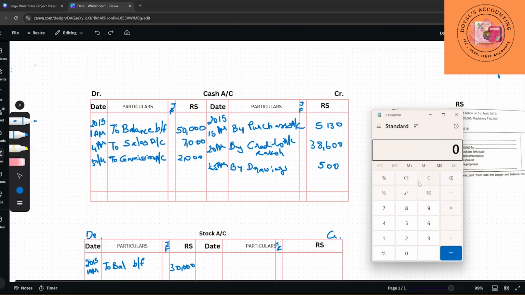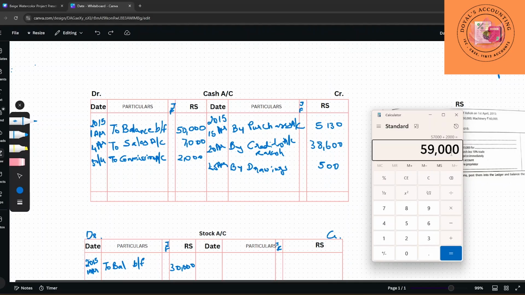Now, how do we calculate these balances? First, you need to identify which one has the higher total. So in the cash account, you can clearly see that the total on the debit side is more than that of the credit side. So our closing balance, now we are closing the account, at the end of the month, will come on the credit side, or the side where there is lesser balance. So let's calculate. 50,000 plus 7,000 plus 2,000 equals 59,000.